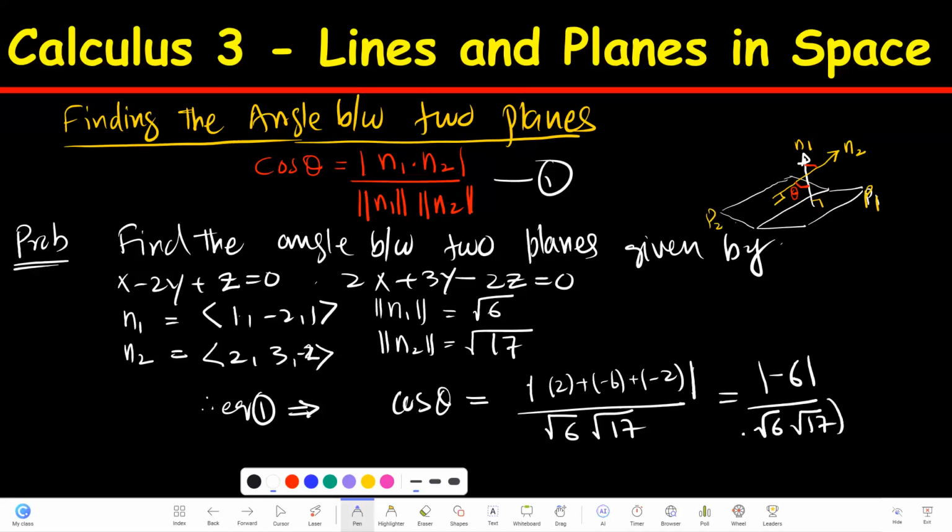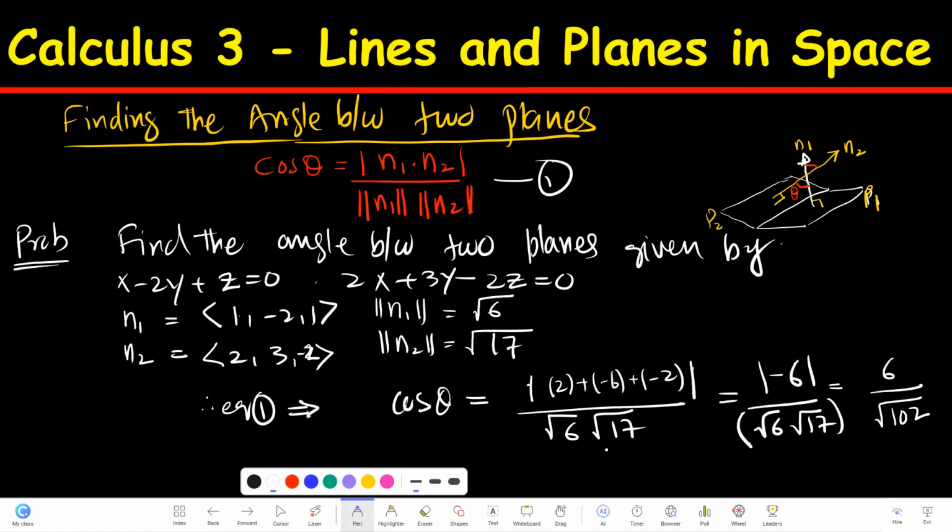And we know that when things are coming out of this mod, we only take the positive value. So it's going to be 6 over square root of 17 times 6, so it's going to be square root of 102, I believe, right?